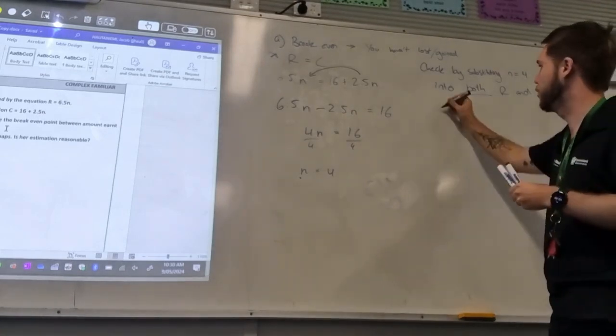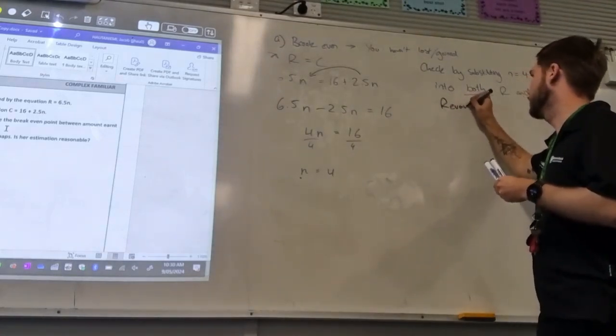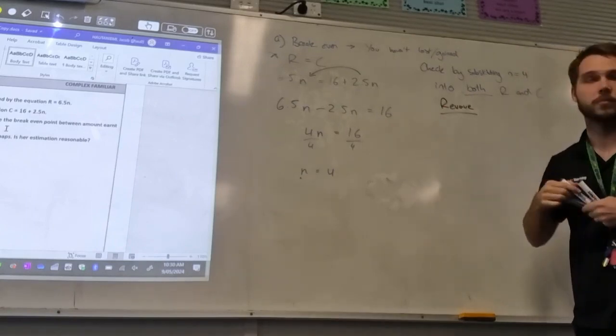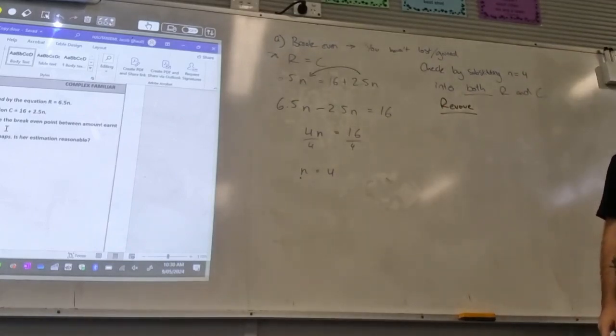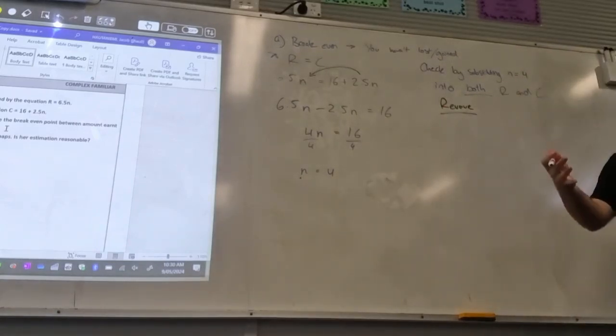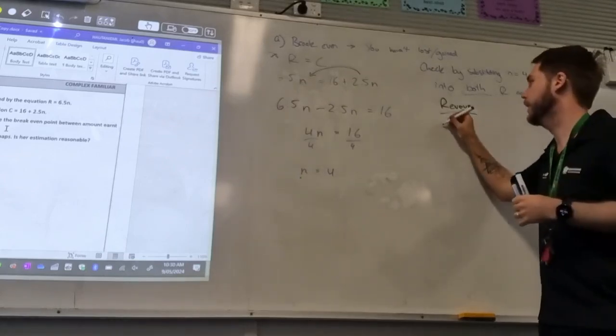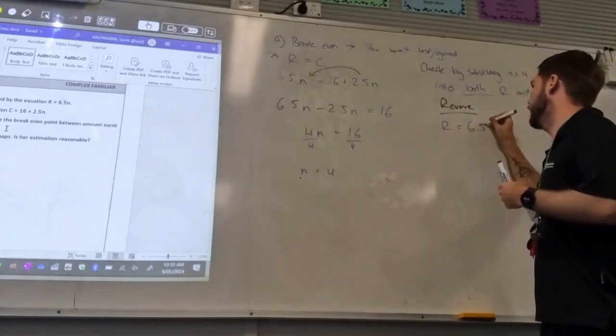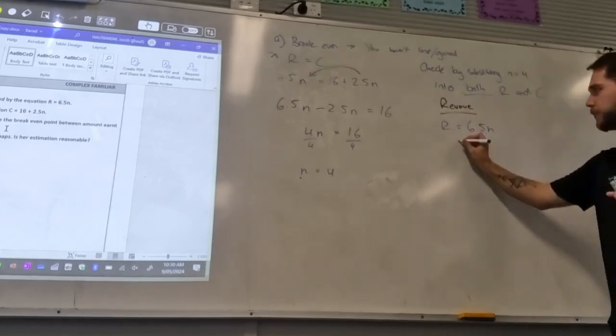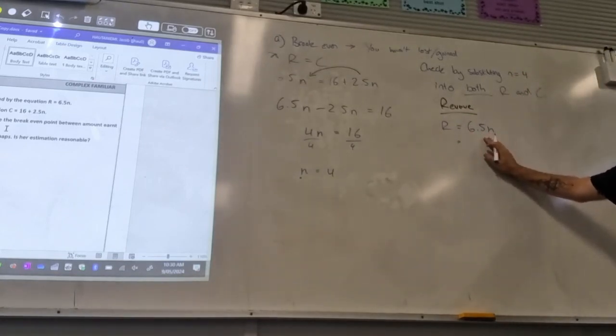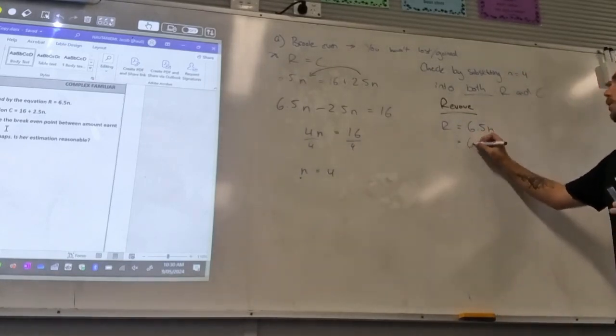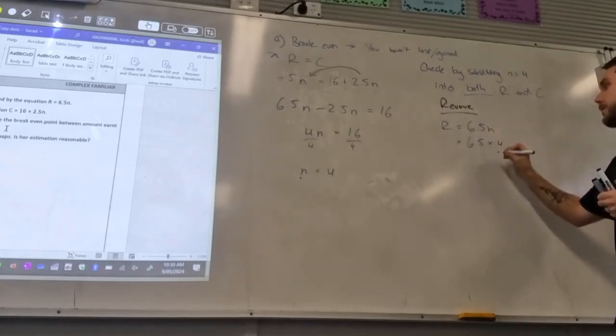Okay, so let's do the revenue equation. I'll do this one first. I'd love you to be able to concentrate and listen to me, okay? R is equal to 6.5n. I'm just going to write the equation. But we know what n is. We've just found it. It's 4. So I've got 6.5 times 4.